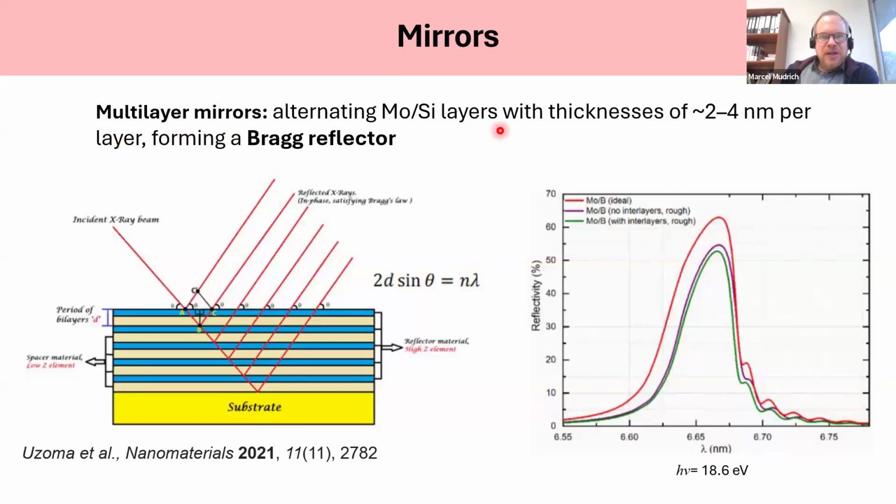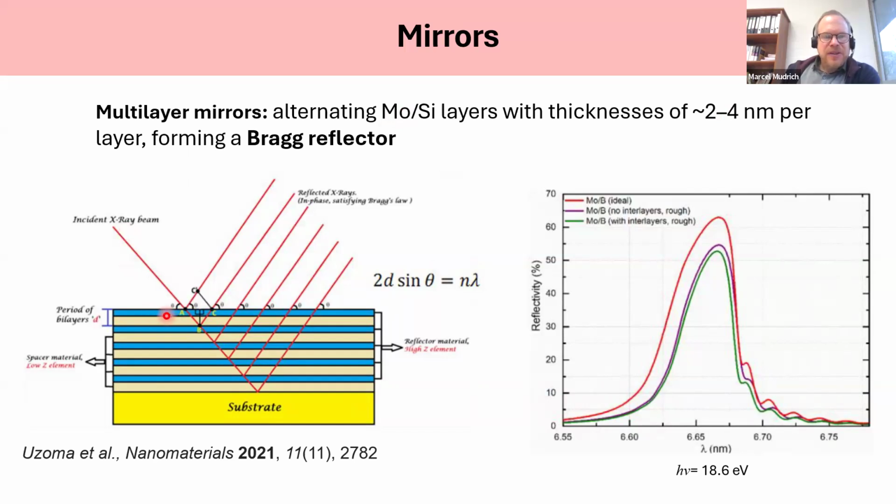A very typical combination of substances from which to make these periodic multi-layer mirrors is molybdenum silver layers of a thickness of a few nanometers. In that case, the index of refraction, even for soft X-rays and extreme ultraviolet light, is quite different for these two materials.